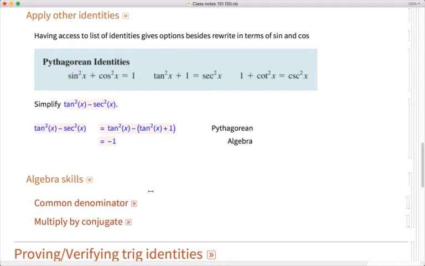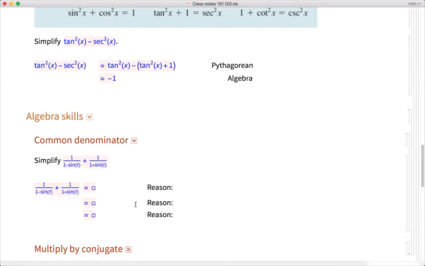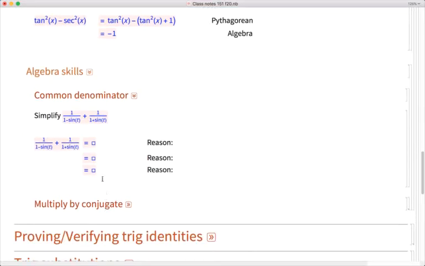Okay. There are a couple of other algebra skills that you might need a refresher on. Well, I guess we've done this one already, the common denominator. But this one's a little bit more difficult. The denominators look so different. So to get the common denominator, we're going to use the product of the two denominators as the common denominator.